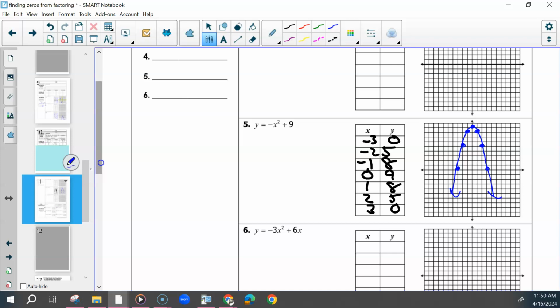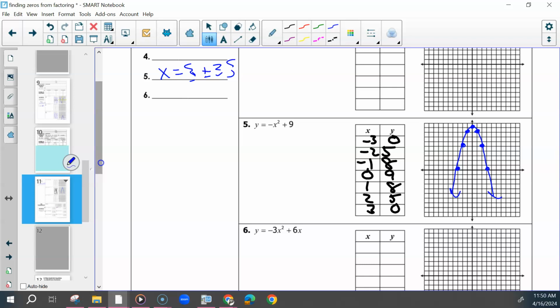What would those 2 solutions be? So if I had factored this, I would have to factor out the negative as a GCF, and then I'd have the difference of squares, which would give me the plus and the negative 3.